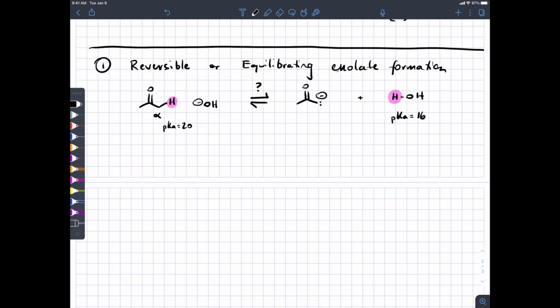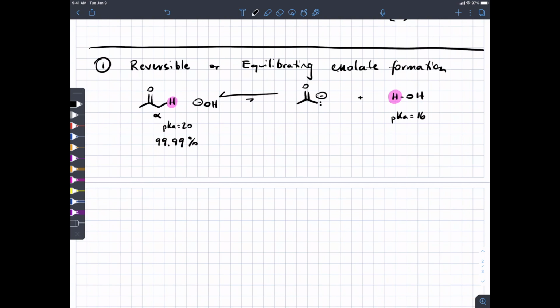The most acidic acid loses its proton. And so we would say that actually this equilibrium favors starting materials way more than products, and it's by 4 orders of magnitude. So that means at equilibrium, 99.99, I think that's about right.